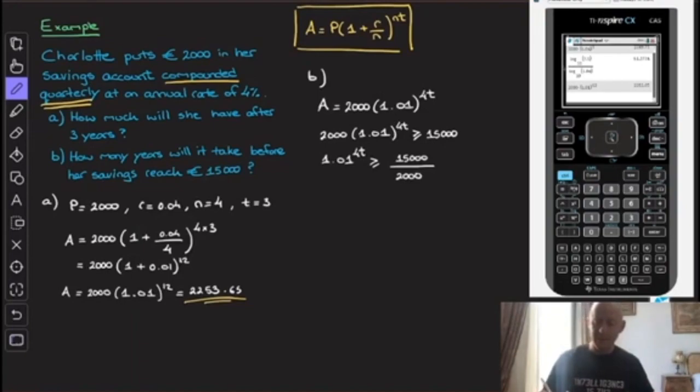Just as in the previous example, we can of course simplify that fraction. That's the same thing as 15 over 2, and 15 divided by 2 is 7.5, right? So the inequality we're really trying to solve here is 1.01 raised to the power of 4t, which has to be greater than or equal to 7.5.